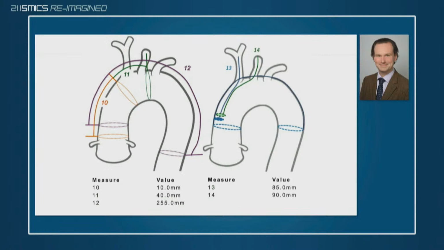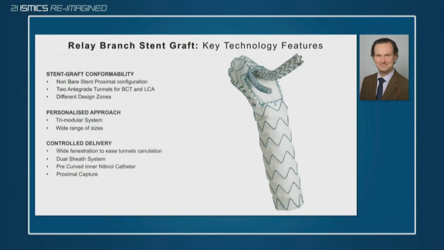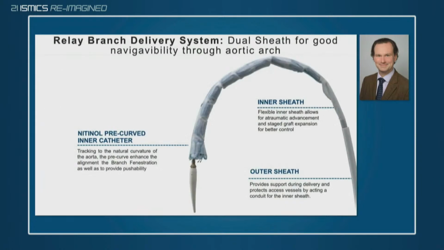The ascending aorta has to be at least 6 centimeters in length to host the proximal component. Here you can see the modular system with the main body, and here the large window hosting the sleeves for the supraortic branches, where the bridging stent grafts are then connected.